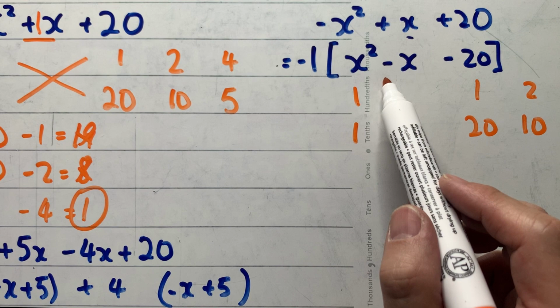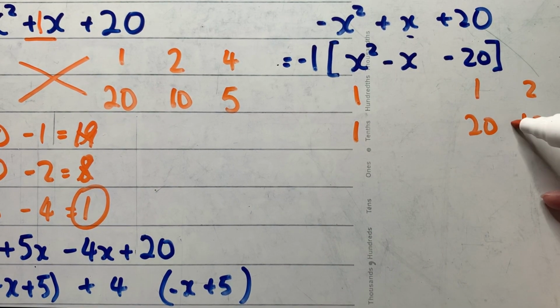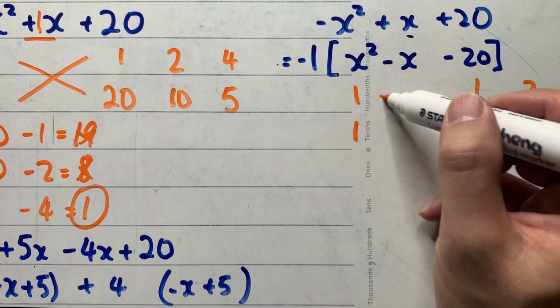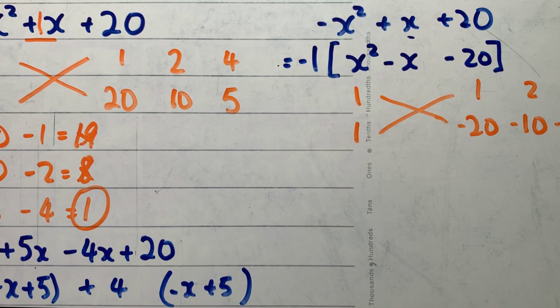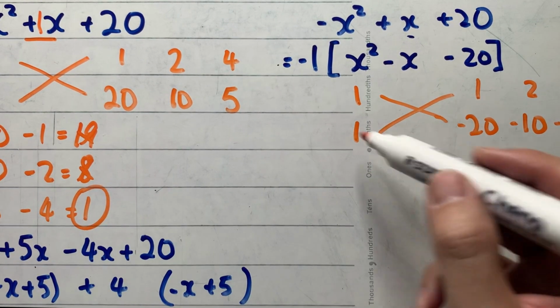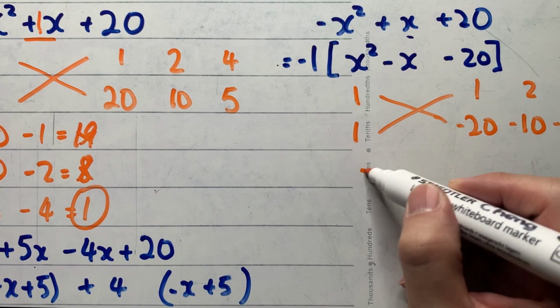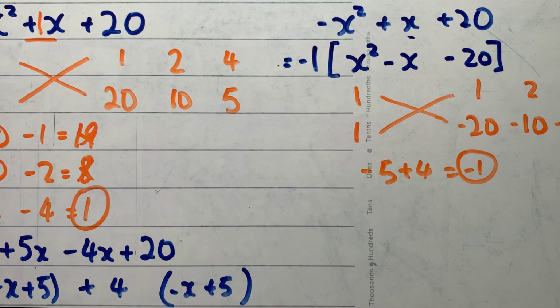So this will become a -1. So that means the lower term has the negative sign. So going through, we're going to go with the last one here, minus 5 plus 4 gets us the -1 that we need.